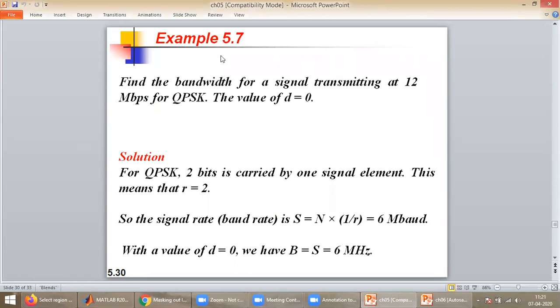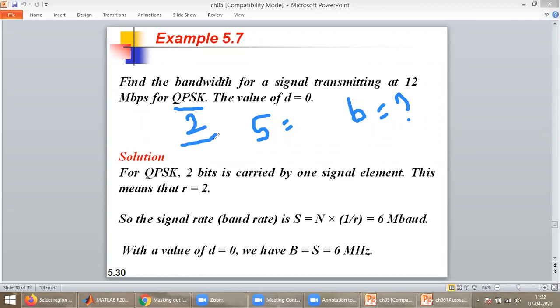How to find the bandwidth B? In quadrature phase shift keying, we are sending 2 bits at a time. 2 bits are represented by one signal element.